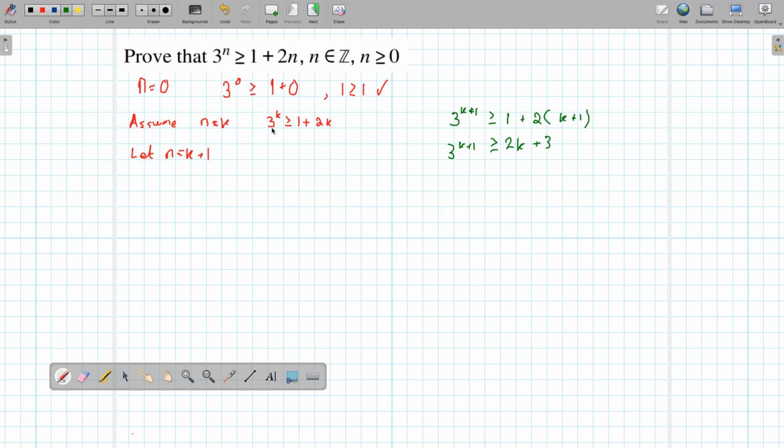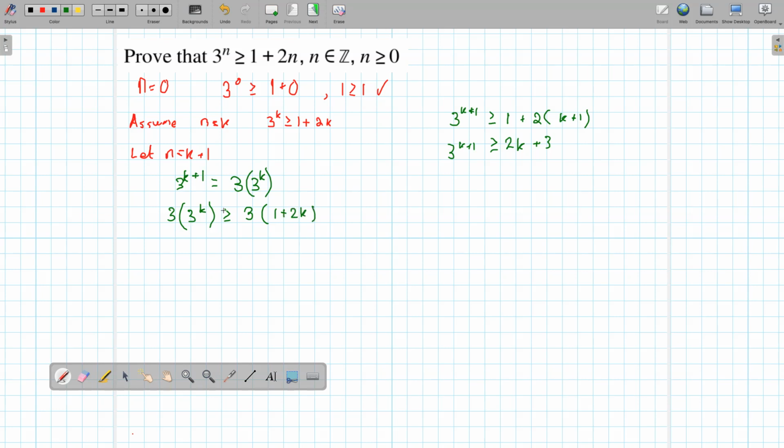Now, I can write 3 to the power of k plus 1 as 3 times 3 to the power of k. And 3 to the power of k, I'm now going to make use of. I'm going to say that this has to be bigger than 3 times 1 plus 2k.